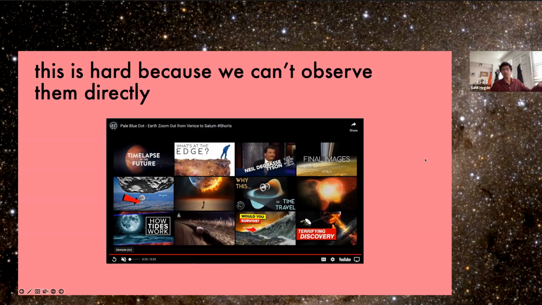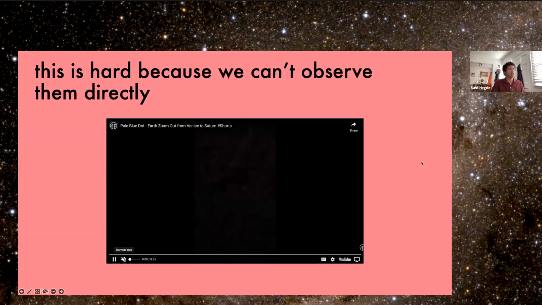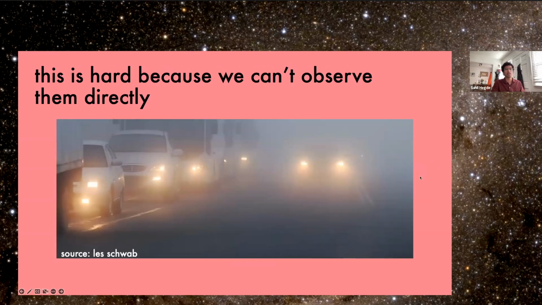So that's one challenge. The stars are just really far away. They're in the very, very early universe, so they're really hard to see. Another challenge is that there's lots and lots of gas between us and the stars. So it's like looking for points of light, but you're looking through a huge amount of fog. This is like driving down the street and you see cars and it's a really foggy day.